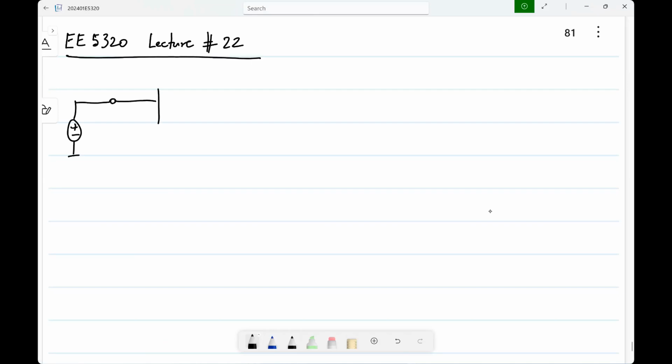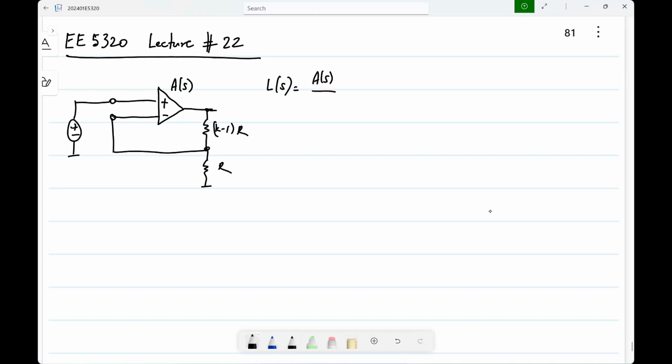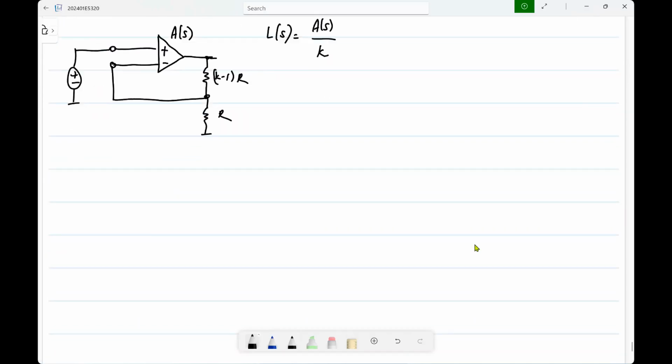So let's say this is what we are trying to build. In this case, the loop gain is A of S by K. And the two-stage op-amp that we have, this is our two-stage op-amp, right?